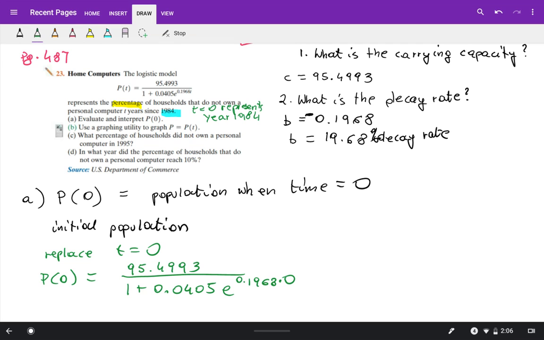From here, you end up with e to the power of 0, which is 1.